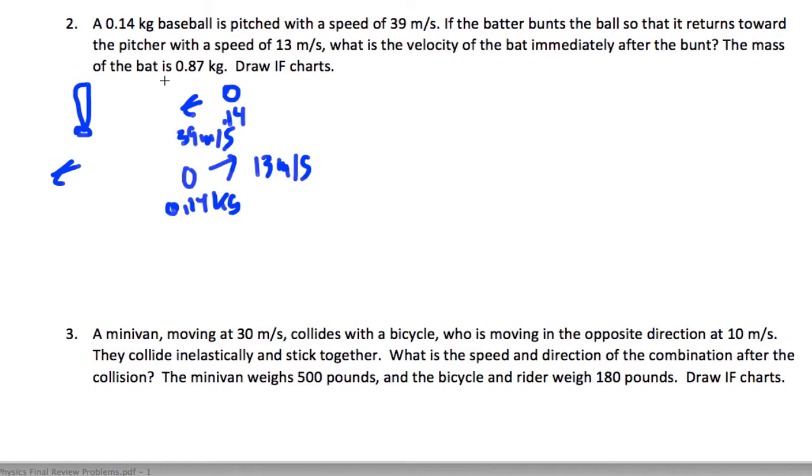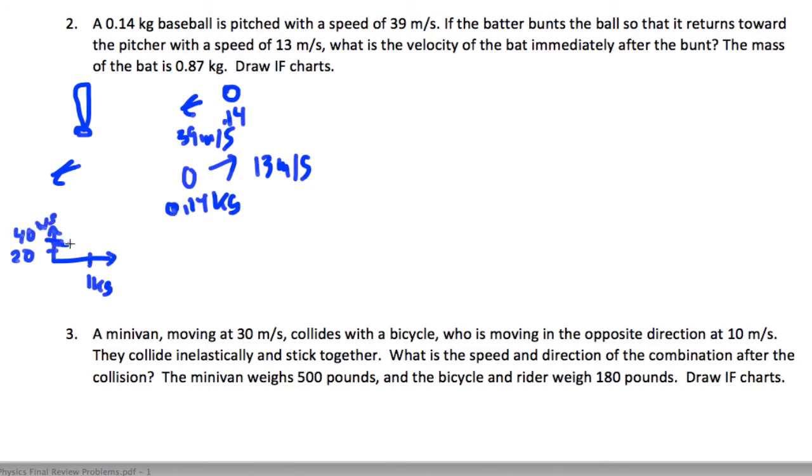Okay, so let's do a little IF chart here. The chart starts like this. If we make this 1 kilogram out here, and this is going to be 39 meters per second, so let's make this 20 and 40 meters per second for our speed.